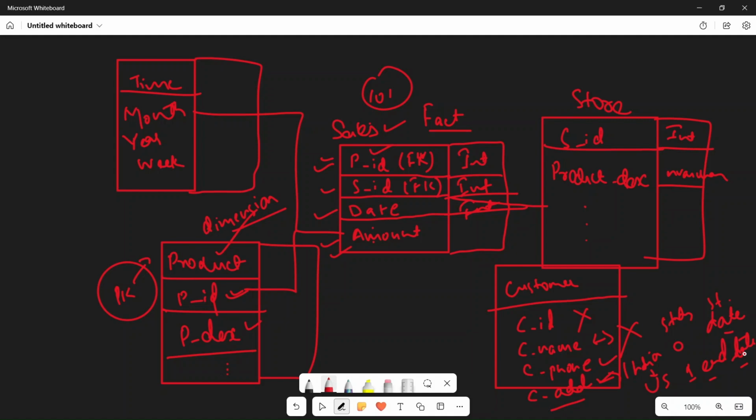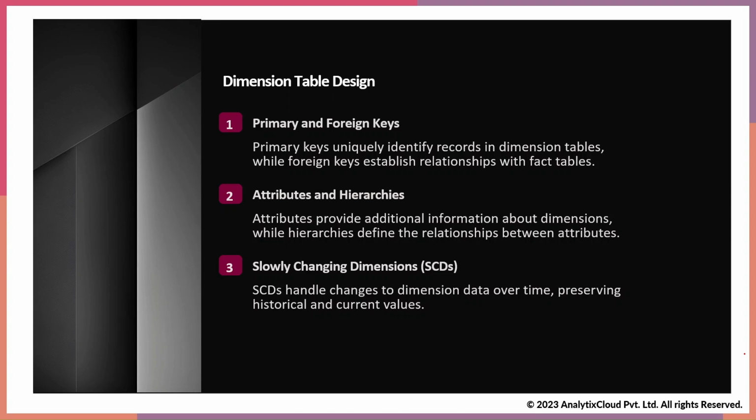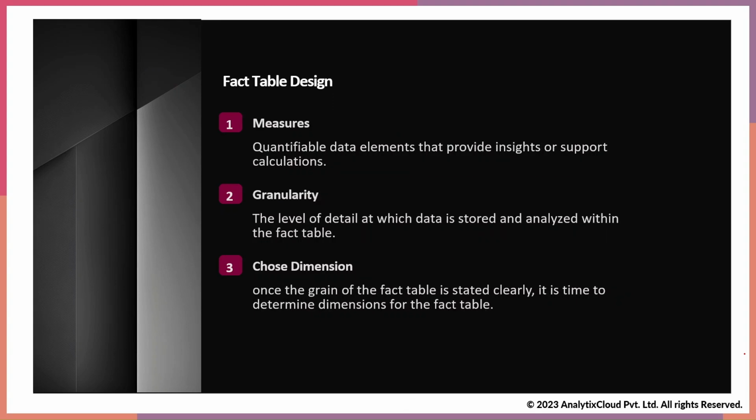Okay, now let's come to the slide. How do we design the fact table? In our example the fact table was the sales table, right? First of all, we should have measures, which are quantifiable data elements that provide insights or support calculation.